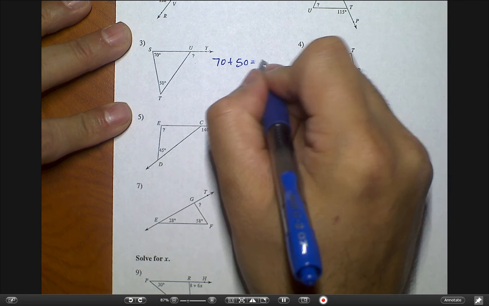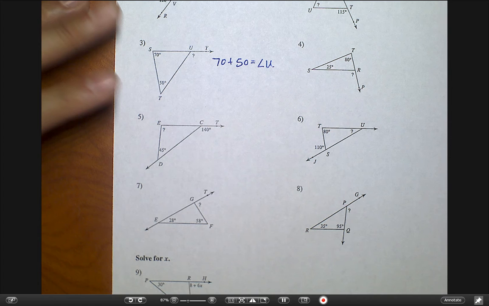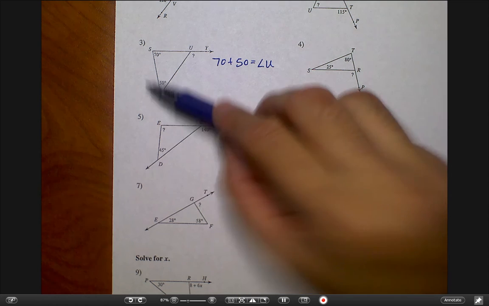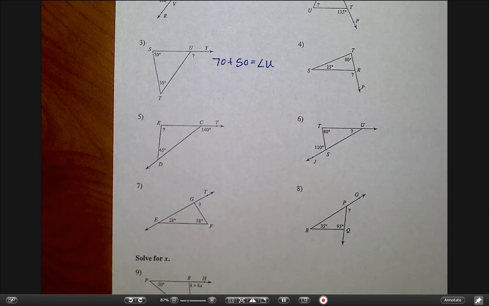They just call it angle U. It's not 180 because it's the remote exterior angle. Does that make sense? So we're just finding out the unknown.